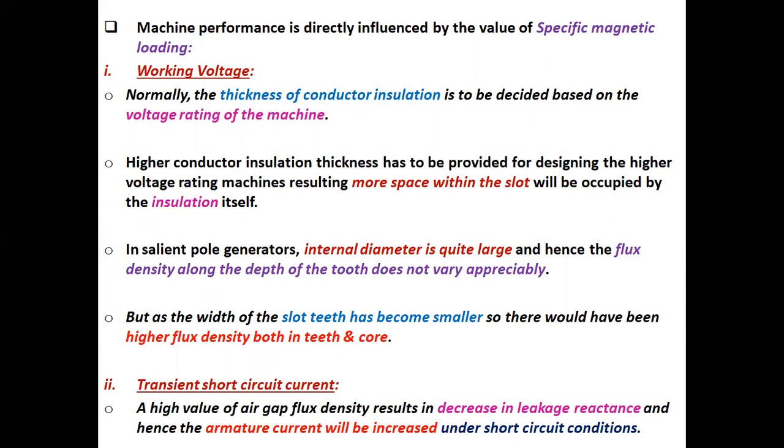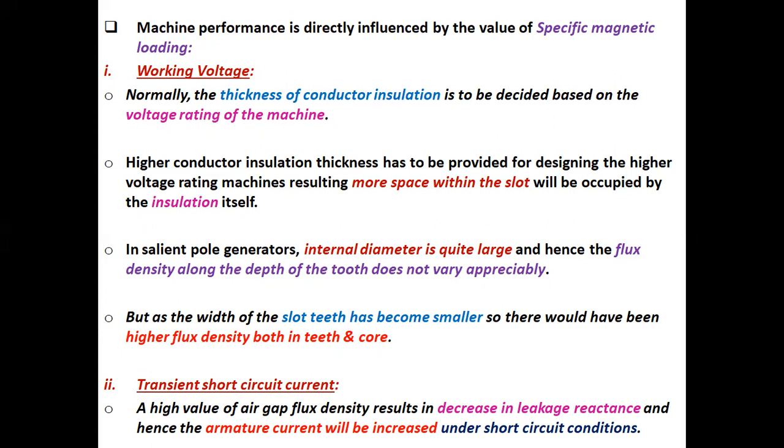In salient pole generators, internal diameter is quite large, and hence the flux density along the depth of the tooth does not vary appreciably. But as the width of the slot teeth becomes smaller, there would be higher flux density both in teeth and core.